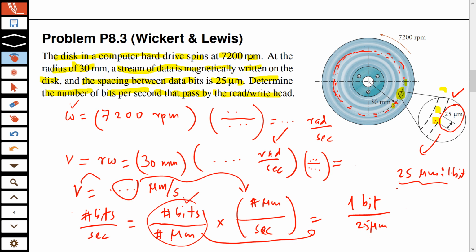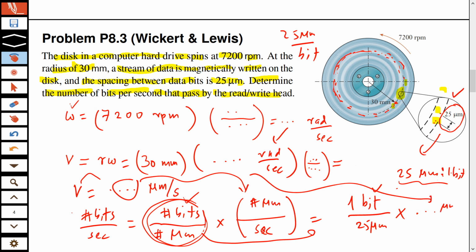Because I'm starting from number of bits per second, I apply the chain rule: number of bits per distance multiplied by distance per unit time. So number of bits per distance is 1 bit divided by 25 micrometer. You cannot say 25 micrometer per bit, because that will be the reciprocal. And I just multiply this with the answer, which is micrometer per second. The trick is this micrometer will cancel out with that micrometer and you will get your answer in 1 bit per second.